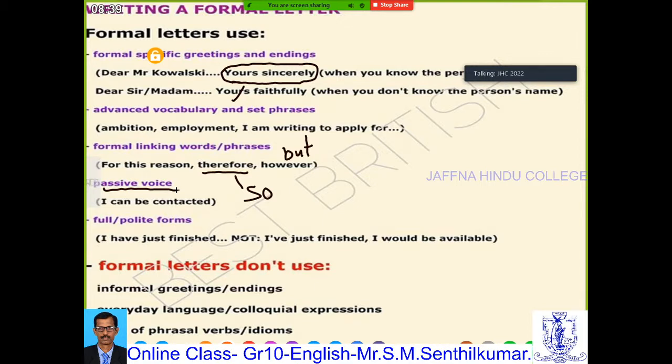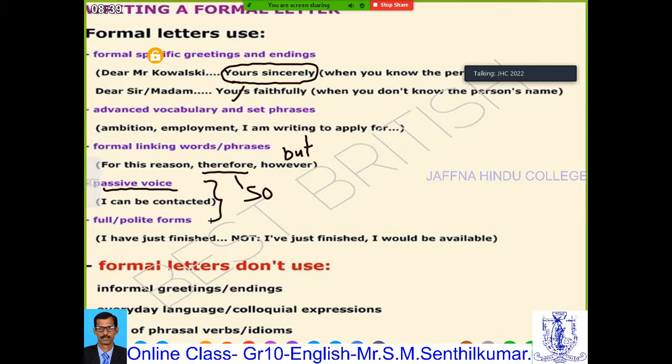How do they write it? All the students are requested to be present, like that. Right? These are the passive form structures. Mostly the structure should use the passive form, so most of the time we have to use passive voice.